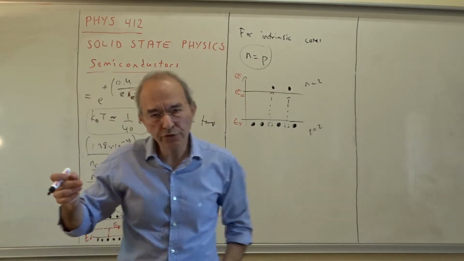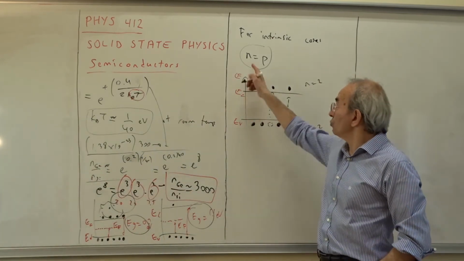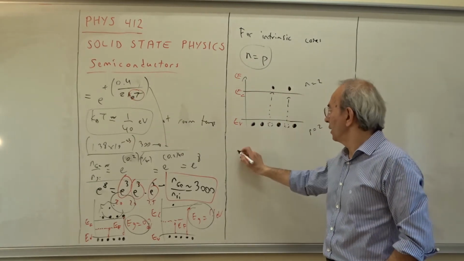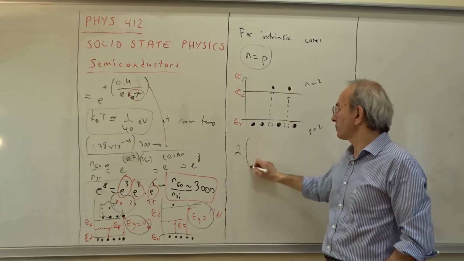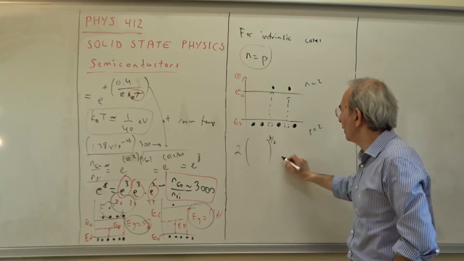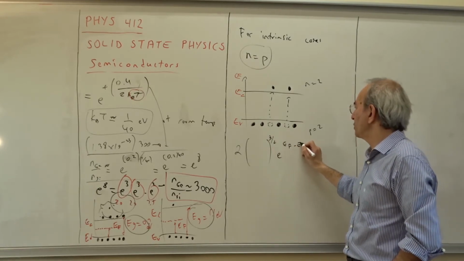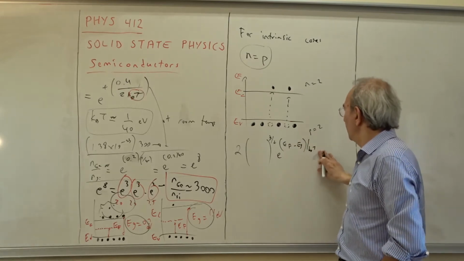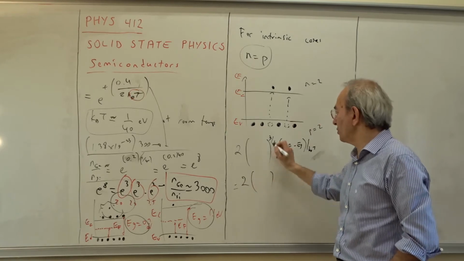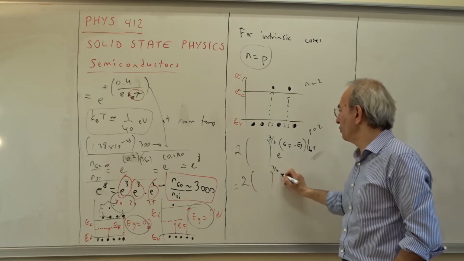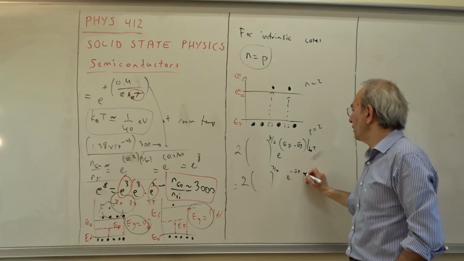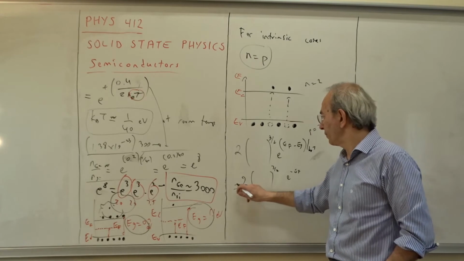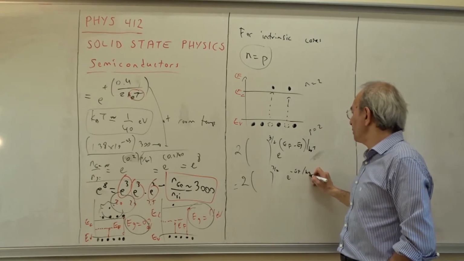It's an important factor. If you set these 2 equations equal, those numbers, let's say 2 times this fraction to the power of 3 halves, e to the (EF minus EG) over kBT, and equal to again the same power, but this time e to the minus EF, etc. They are equal.